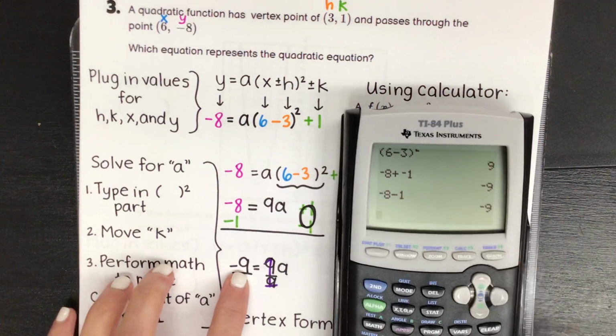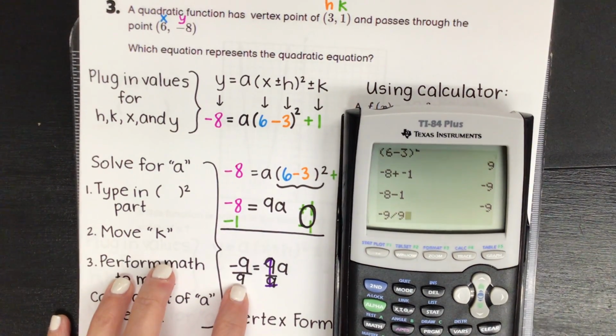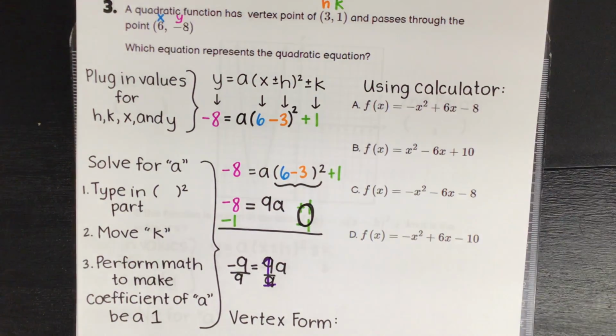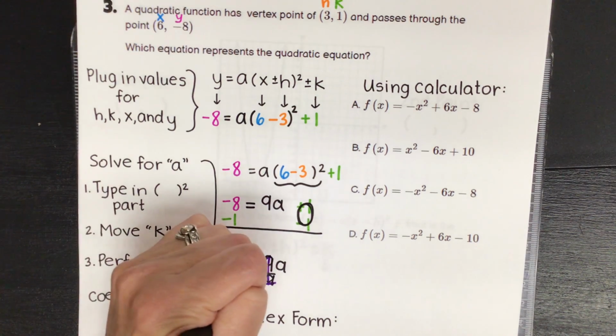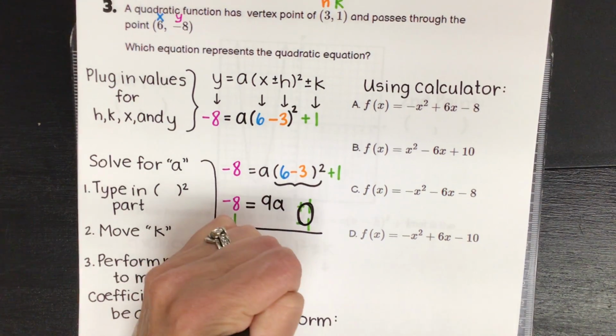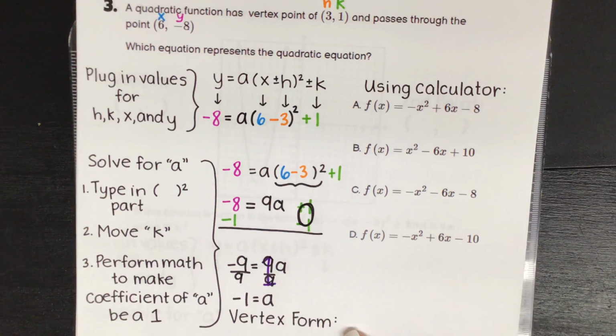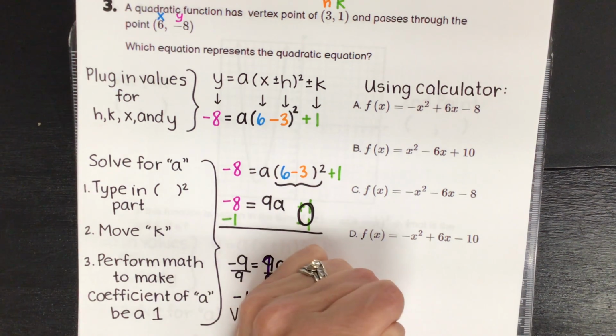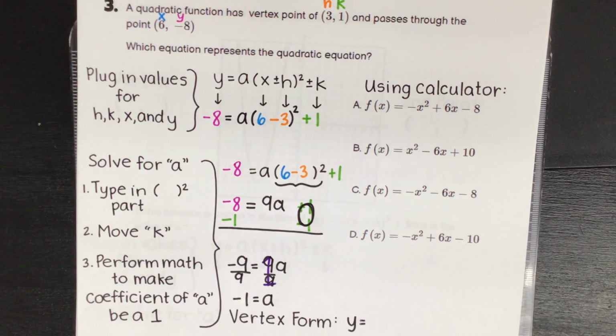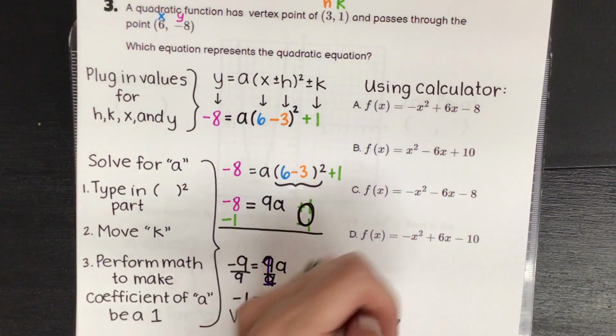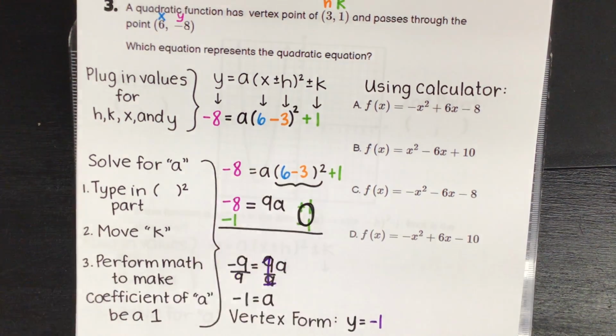Well, now I'm going to check my mental math. Negative 9 divided by 9 is going to be a negative 1. So my a coefficient is a negative 1. And now I'm going to write this in vertex form. So I'm going to have y equals, and remember when you write it in vertex form, I'm going to write a is negative 1.